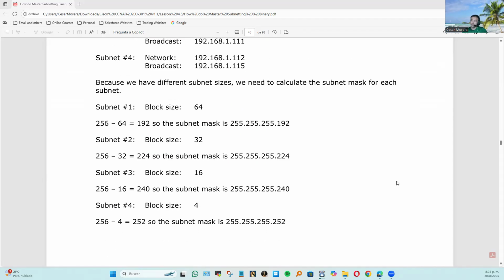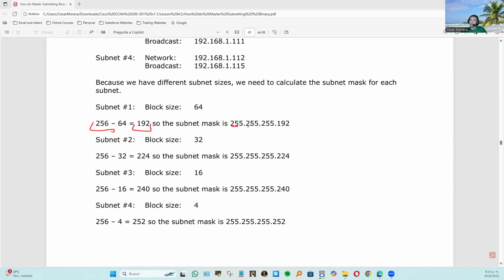Because we have different subnets, we need to calculate the subnet mask for each subnet. So let's do that. The first one is the magic number 256 minus 64. I don't know if we have already seen it at this time of the course, but if not, we will look at it and learn how to do it. Basically, you subtract 256 minus 64 and you get a value of 192.